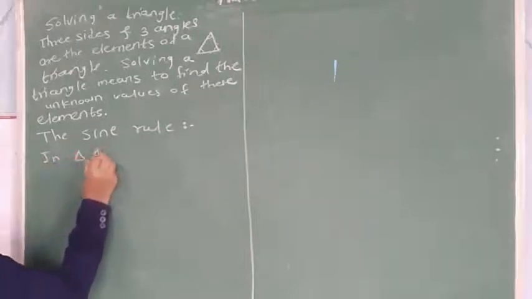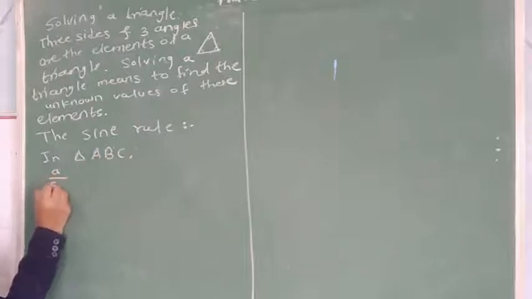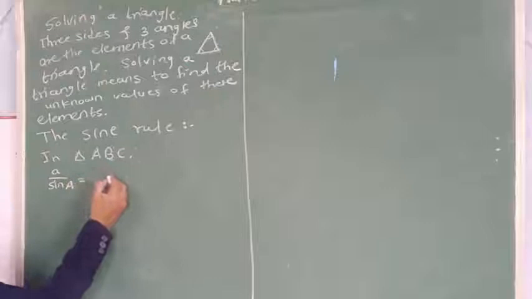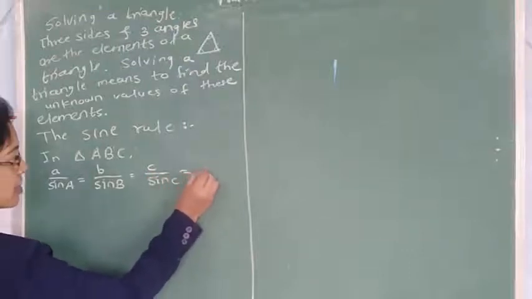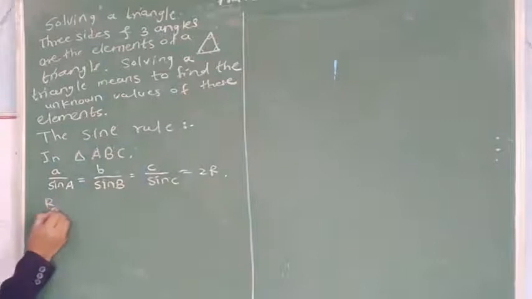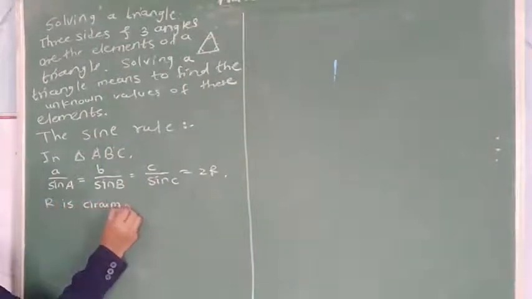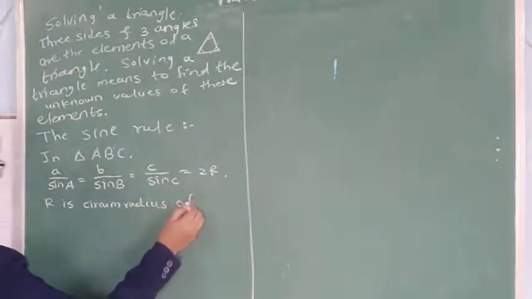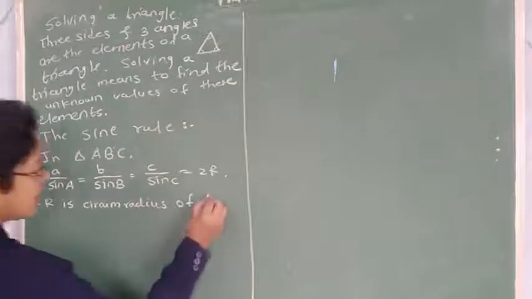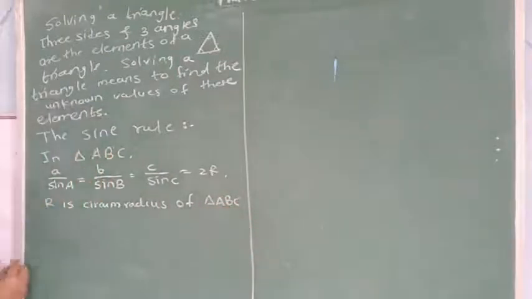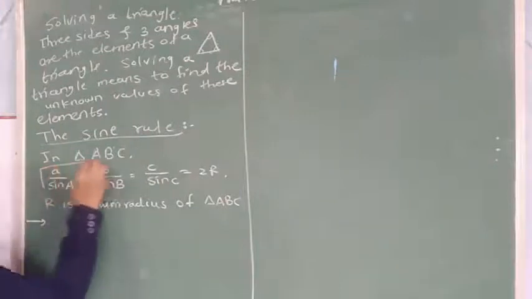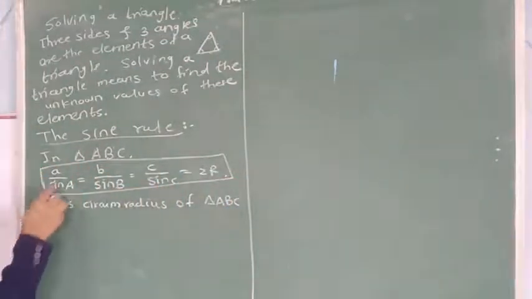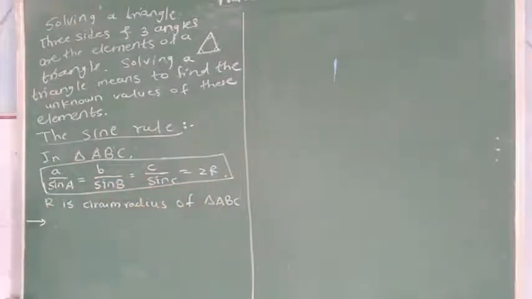In triangle ABC, a upon sin A is equal to b upon sin B is equal to c upon sin C is equal to 2R, where R is the circumradius of triangle ABC. So we will take the proof of this sine rule.